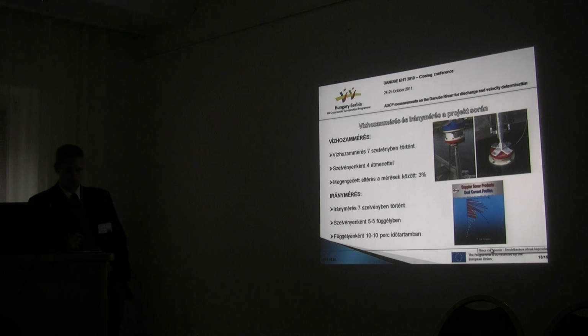During the project, we performed discharge measurements as well as the determination of velocity vector direction with ADCP. We measured the discharge in 7 cross-sections, 4 crossings each section. Velocity measurement also took place in all 7 sections, 5 verticals each section, 10 minutes every vertical.